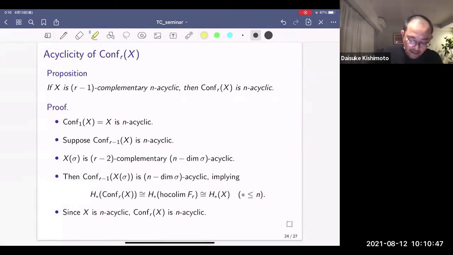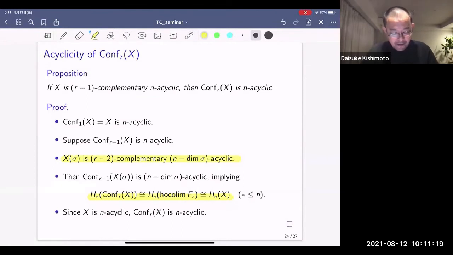Suppose Conf_(r-1) X is n-acyclic. Then by assumption, X_sigma is (r minus 2)-complementary and (n minus dimension sigma)-acyclic. Then we can apply the lemma to get this isomorphism. And since X is n-acyclic, we get that Conf_r X is n-acyclic.